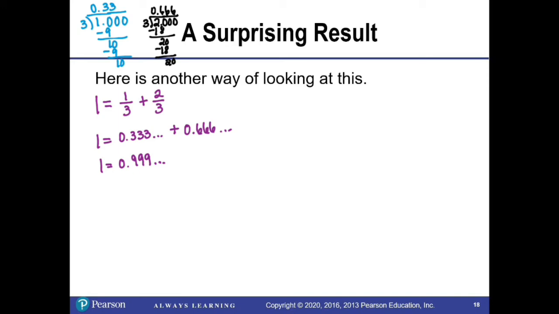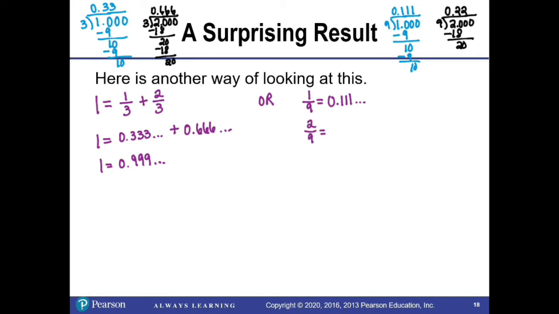Here's another way to look at it. Think about 1/9. Divide 9 into 1, and you'll notice that 1/9 is 0.1 repeating. 2/9, divide 9 into 2, is 0.2 repeating. 3/9 is the same thing as 1/3, which we just saw as 0.3 repeating.